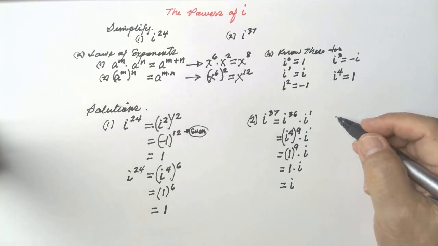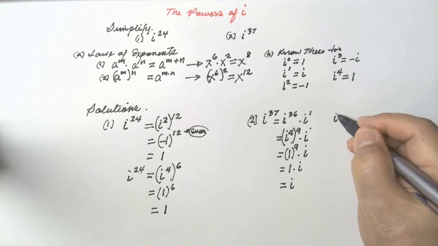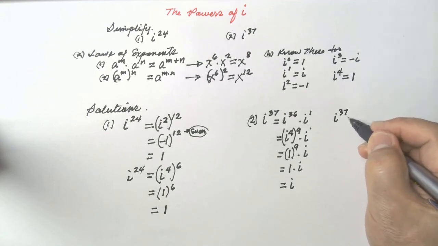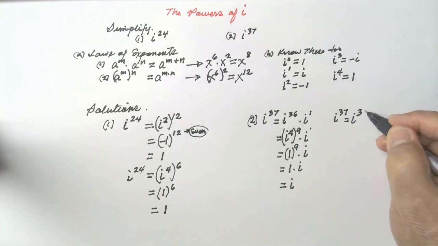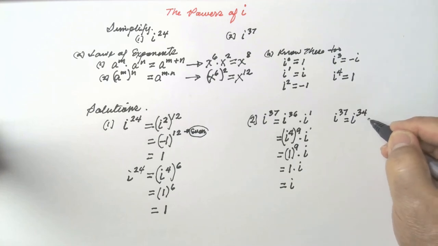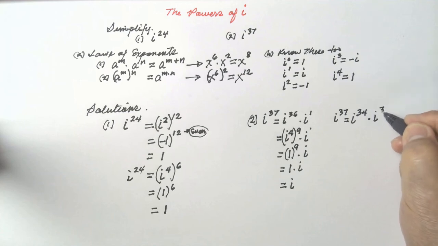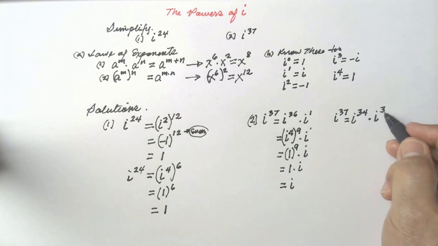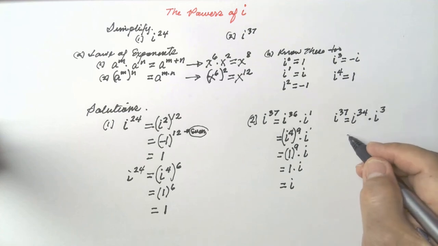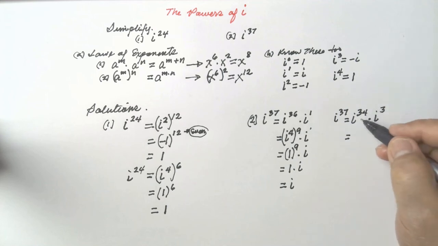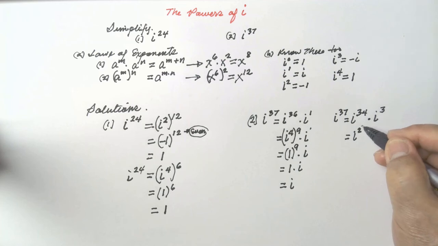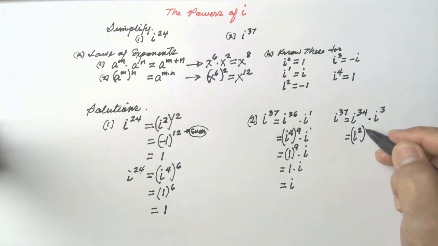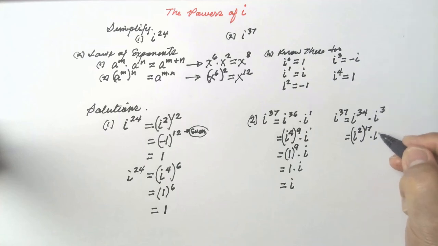Now this can also be written as I raised to 34 times I cube, because 34 plus 3 is 37. And then this can be written as I square raised to 17 times I cube.